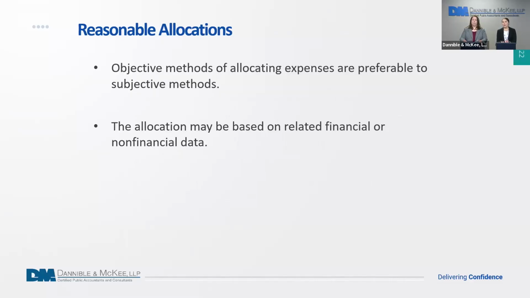But right now we're talking about just the reasonable allocation methods. The objective methods of allocating expenses are preferable to subjective methods, and the allocation may be based on related financial or non-financial data. So what do we mean when we say objective methods? We're saying that these are items that we know belong specifically to this program.